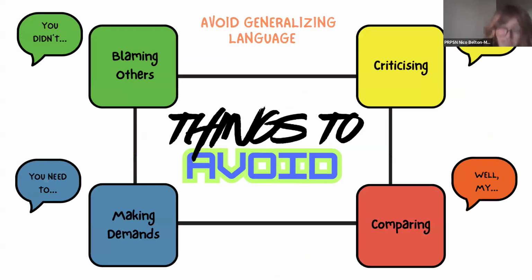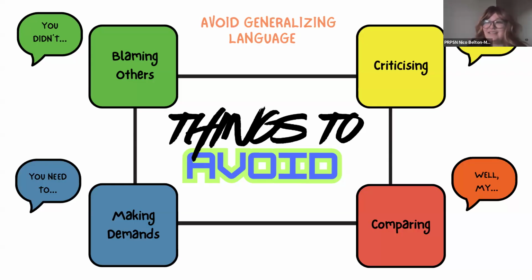So, things to avoid when we are communicating. When we have been able to identify how we feel, what we want, what we need, we want to avoid blaming others. For instance, I put a little keyword, "you didn't." For me, the first things that come to mind are, you didn't take out the trash, you didn't clean the litter boxes, things that me and my partner have fought over, because we live together.